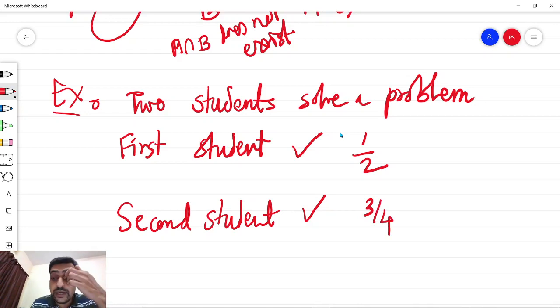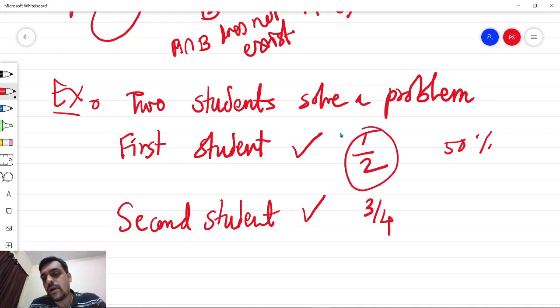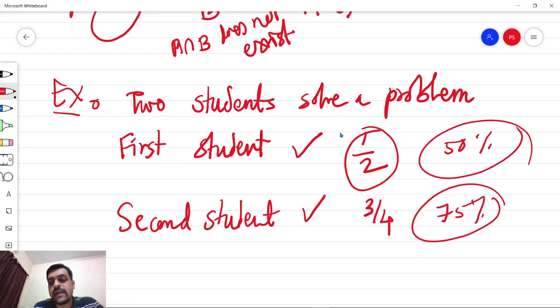So the first student has a 50% chance, that is 1 by 2, of solving the problem, whereas the next or second student has a 75% chance that he or she solves the problem.